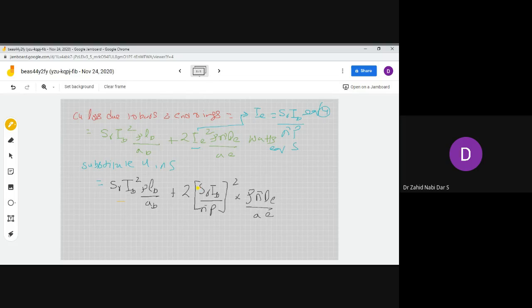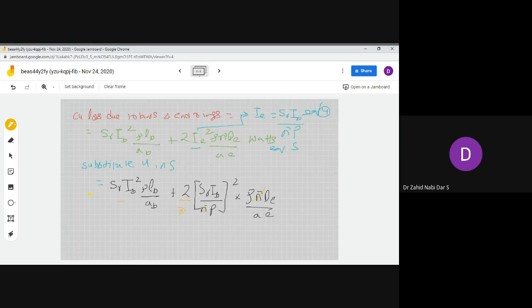I can see SR IB square rho LB by AB plus 2. You can take pi outside: 2 pi square is there, so this pi square and 1 pi get cancelled, and only 1 pi will remain.